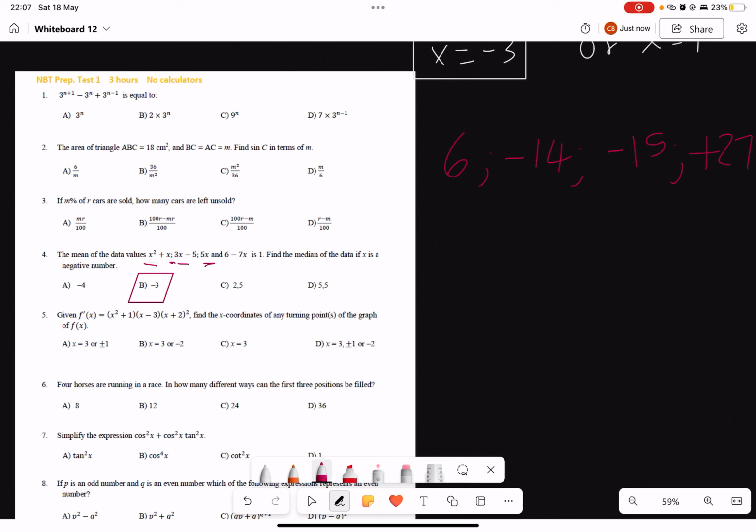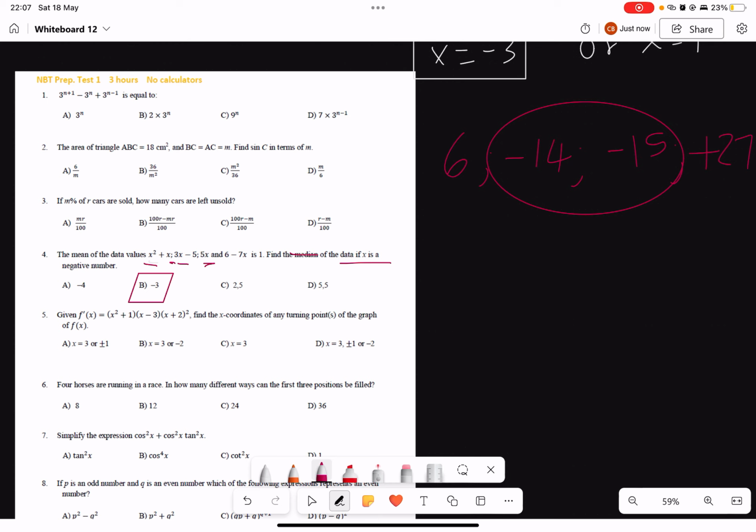Perfect. I think this question was not asked properly. They were supposed to say determine the value of x, because if we were to find the median here, it's not going to be any of the options in the given data set. So they were supposed to say find the value of x, which is negative 3.